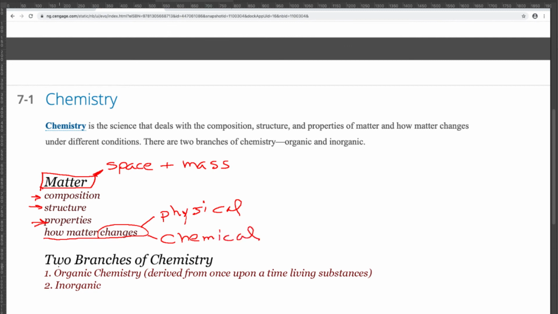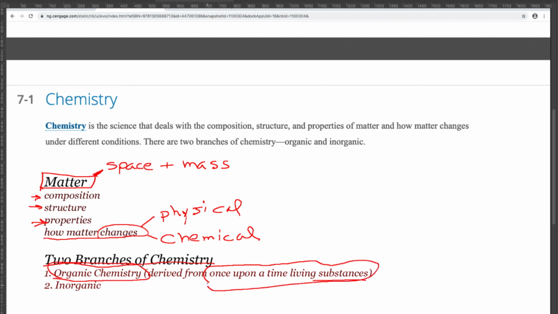And then the other aspect of chemistry is there are two branches of chemistry. First is organic chemistry. And organic chemistry is where the substances that we are dealing with, the chemicals that we are dealing with, are derived from once upon a time living things.